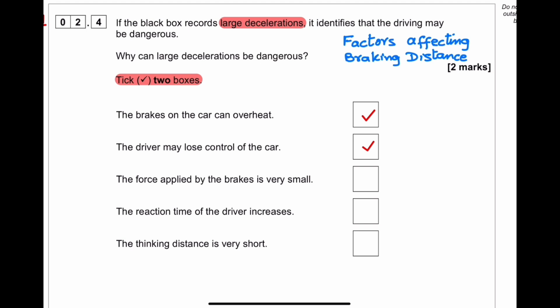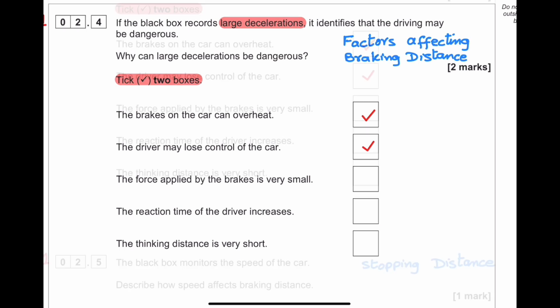Large deceleration doesn't mean the force applied by the brakes is very small. Or the large deceleration doesn't mean the reaction time of the driver will increase. The large deceleration doesn't mean that thinking distance is very short.